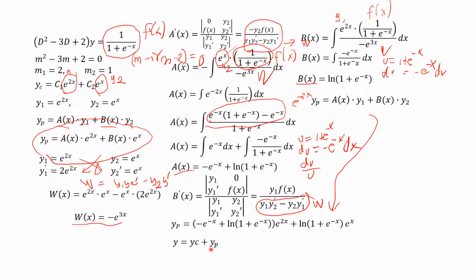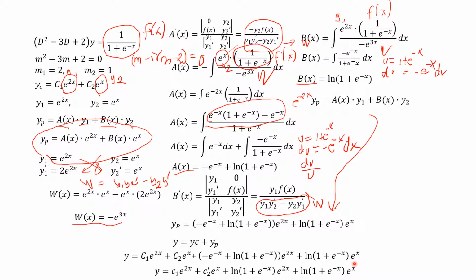And your y is the same as y sub c plus y sub p. Therefore your y is, this is our y sub c there, c1 e to the 2x plus c2 e to the negative x, plus negative e to the minus x plus ln of 1 plus e to the minus x times e to the 2x plus ln of 1 plus e to the minus x times e to the x.